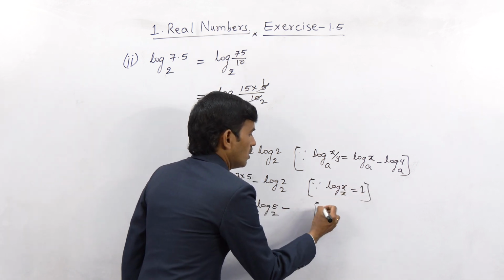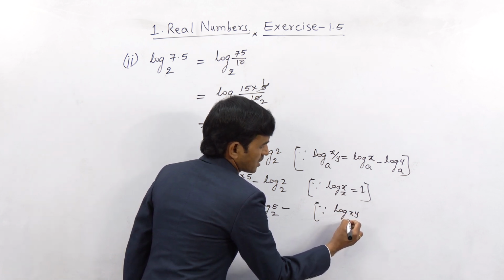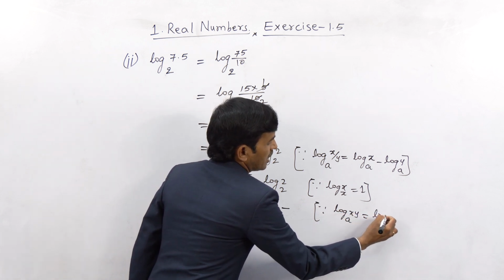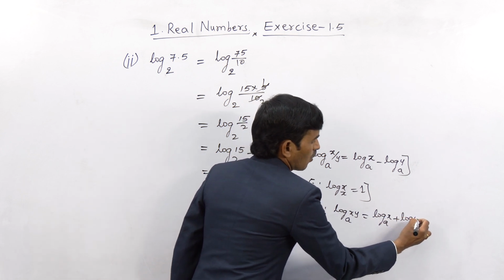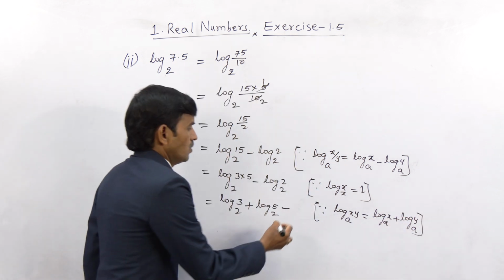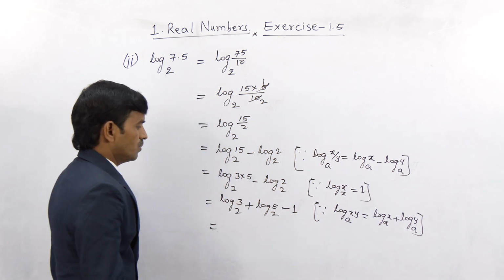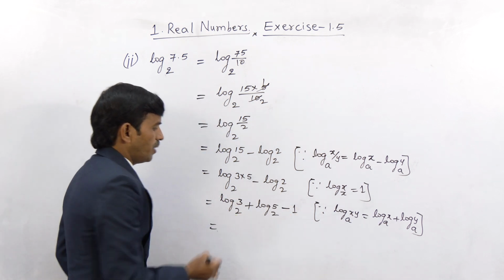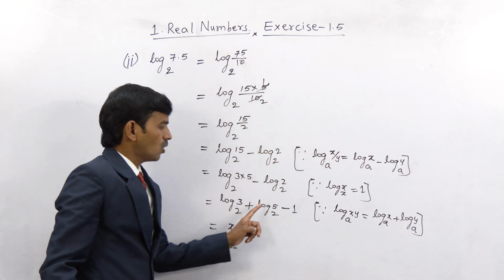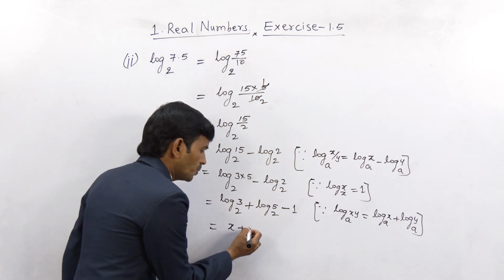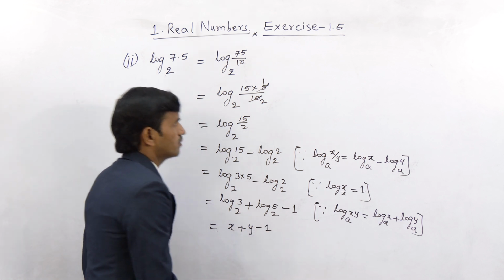The product rule is log x into y to the base a equals log x to the base a plus log y to the base a. So log 3 to the base 2 is given as x, log 5 to the base 2 is given as y, minus 1.